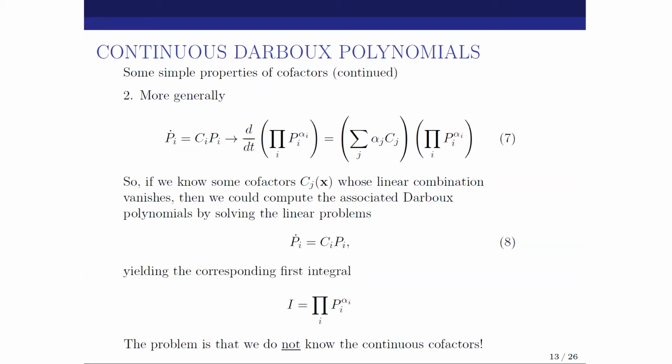Then the cofactor of the product of P_i to the alpha_i is going to be the linear combination of the cofactors. Okay. So now the point is, if this linear combination of cofactors manages to equal 0, then the left-hand side will be the integral. Right?